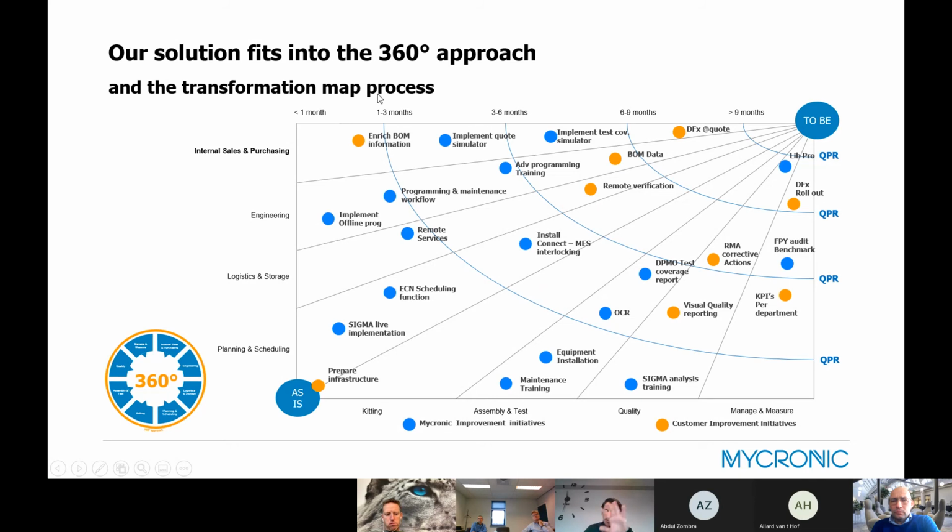And here you can see, I will not go through all the details, but for example for quality, with our tool Sigma Analysis, which is a statistical tool, we can implement that quite quickly, the equipment installation, but also planning and scheduling, engineering, so all the steps within a timeline.